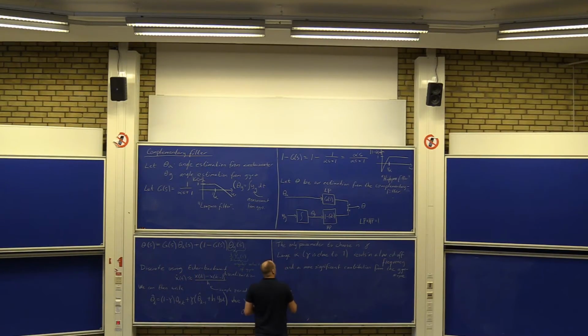And vice versa. So if we have a small alpha, meaning that gamma is close to 0, results in high cutoff frequency, and a more significant contribution from the accelerometer.